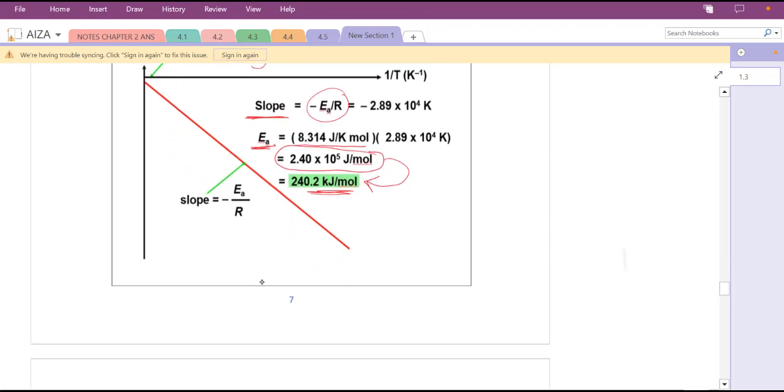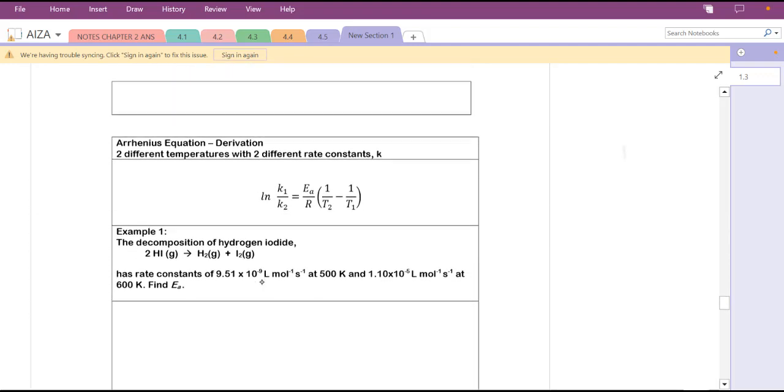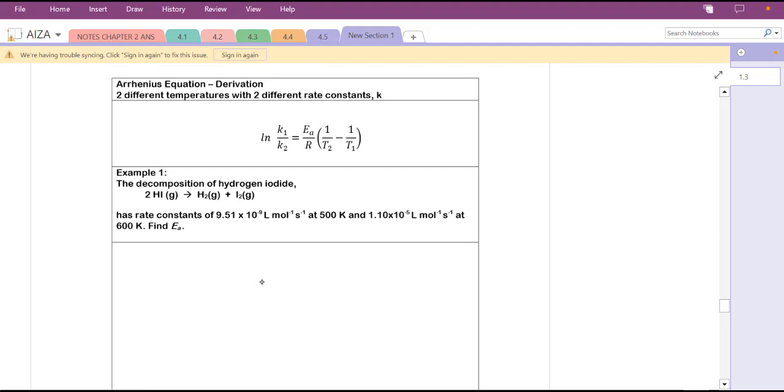So we have another equation in Arrhenius. This one we will use for calculation, specifically when we have two different temperatures. The original equation from Arrhenius we use when you have only one temperature.